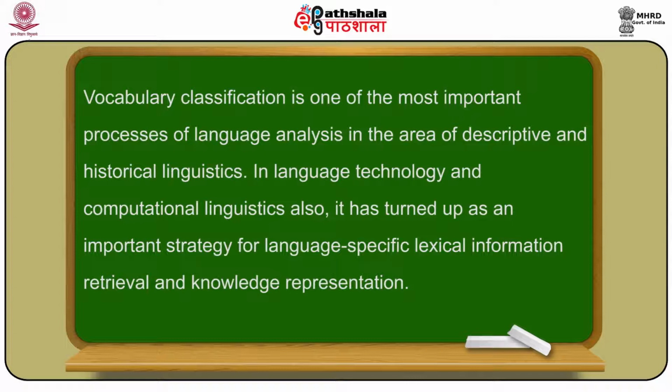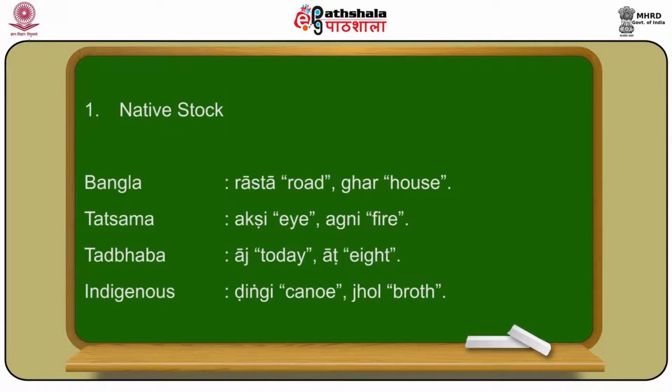Before that, we had identified three types of stocks of words in Bangla. One is called native stock. This stock includes the mother language for Bangla, the words which are Sanskrit words coming from Tatsama words, Tadbhava words and Desi words, as well as words from the regional dialects which have been collected, put into the broad scheme of native stock, native vocabulary.